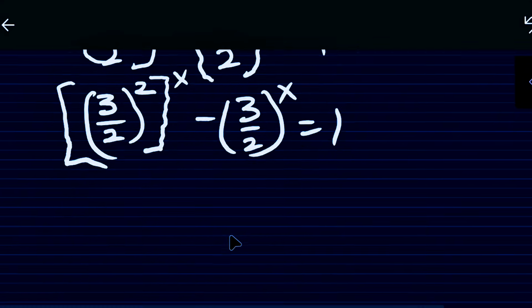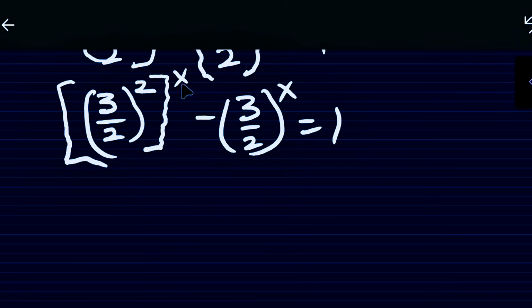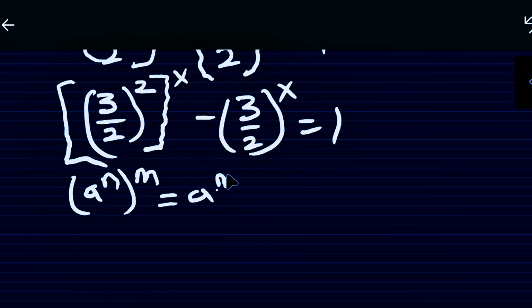Okay, so from here we are going to apply another exponential rule here. If you have a exponent n, then exponent m, this equals a exponent m, then exponent n. Since it's multiplication, we can switch the exponents.